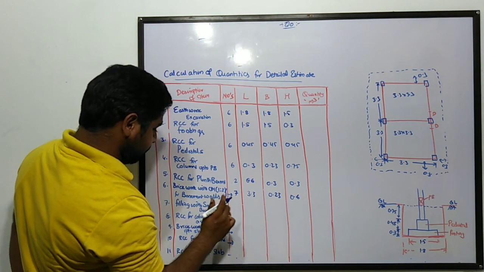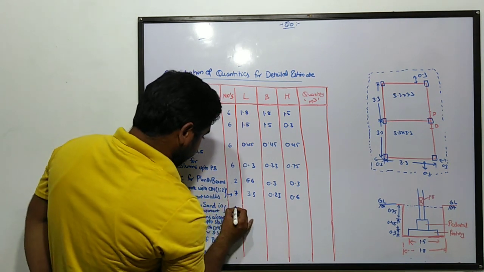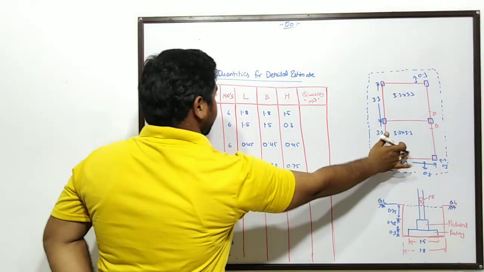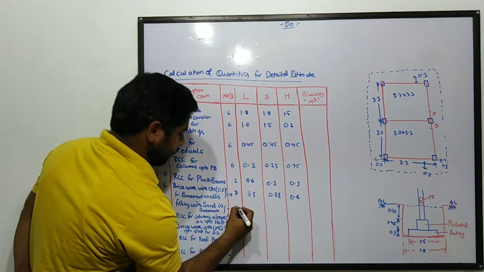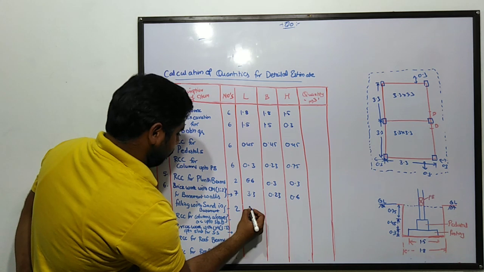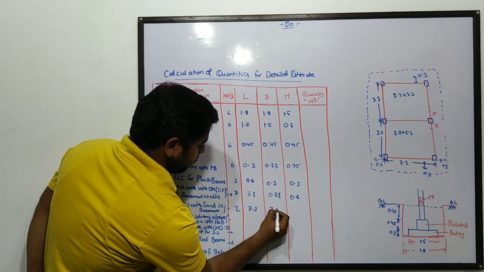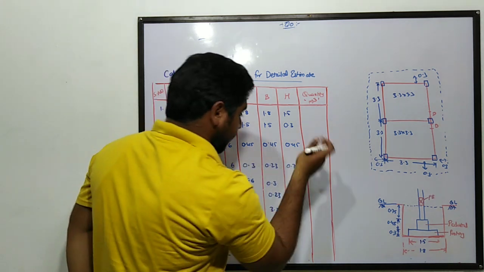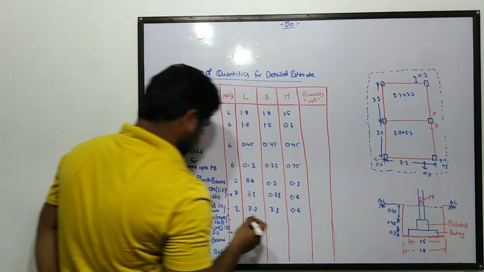Next, filling with sand in the basement. Here we have 2 compartments, 2 rooms, so 2 into 3.3 by 3.3 into height 0.6 meters.